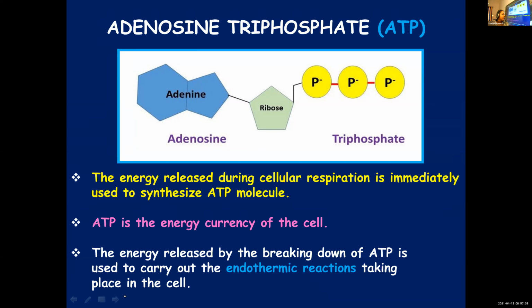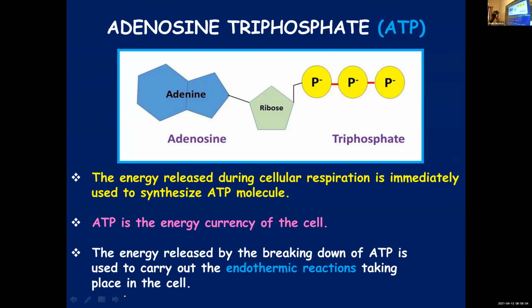Endothermic and exothermic reactions you might have learned in chemistry. In exothermic reactions, energy will be released, and endothermic reactions need energy. So the different endothermic reactions will take place with the help of energy released from breaking down ATP molecules. Hope you got it.